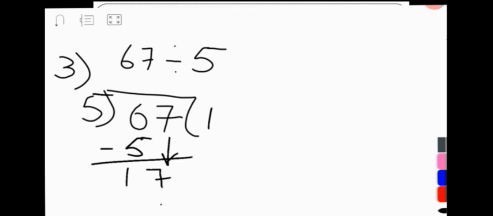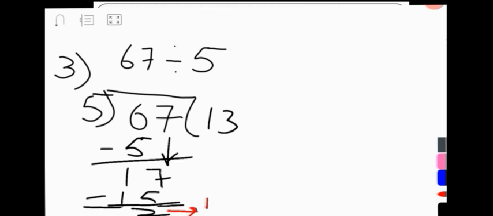So what we do, we will take a smaller number that comes in the table of 5. So that is 5 3s are 15. And now the next step is to again subtract it. So 17 minus 15 is 2. So here our remainder is 2. So this is our remainder as 2 and our quotient is 13.